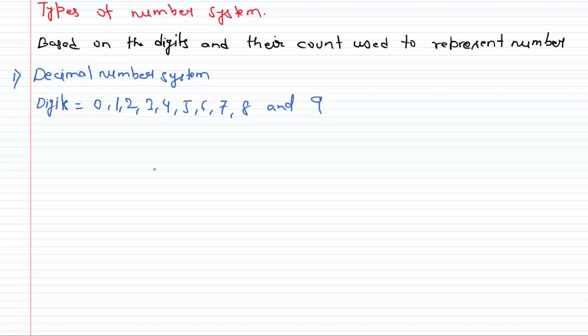Means any number that we create by the combination of these digits, we call it decimal number. Also, the total count of digits is 10. So that's why we call it radix 10 or base 10 number system.